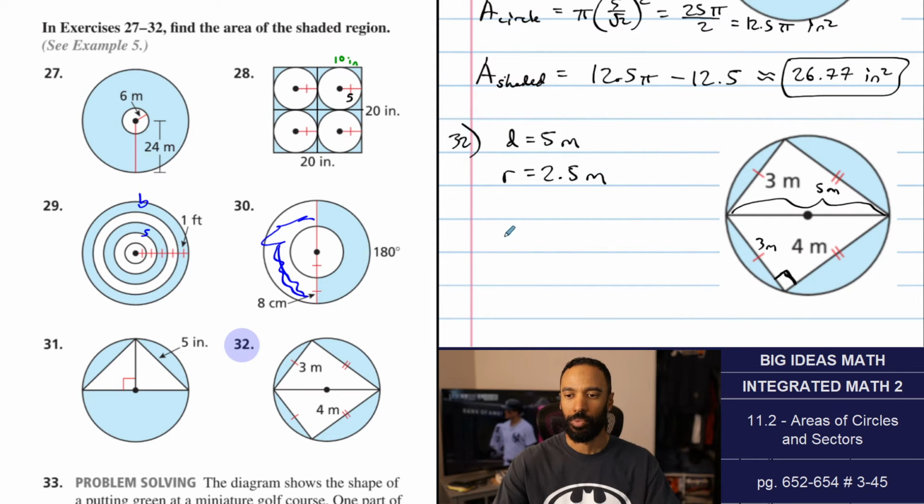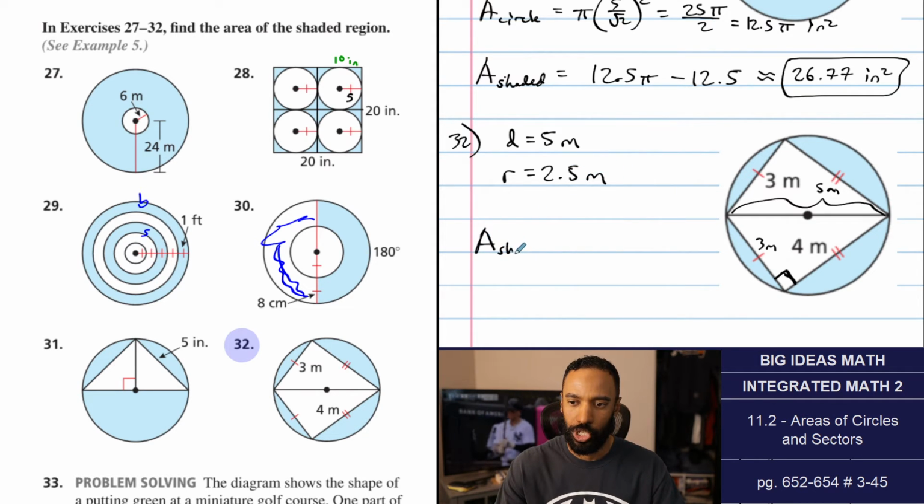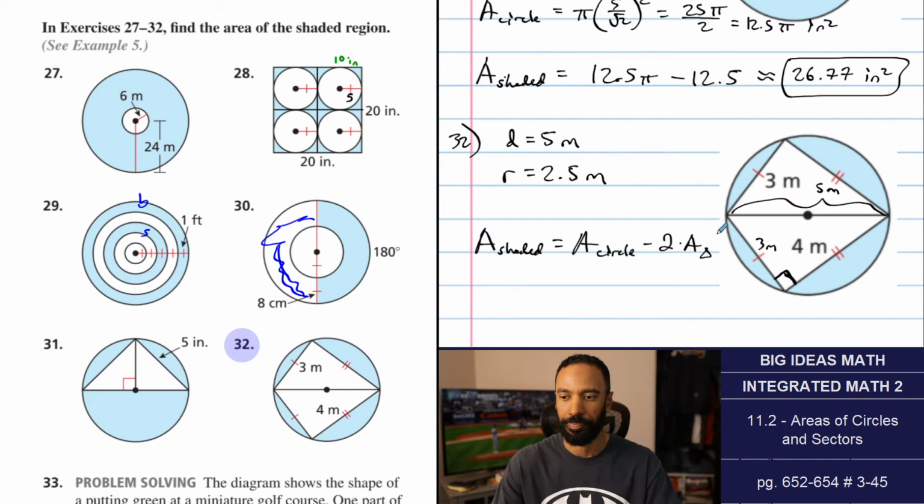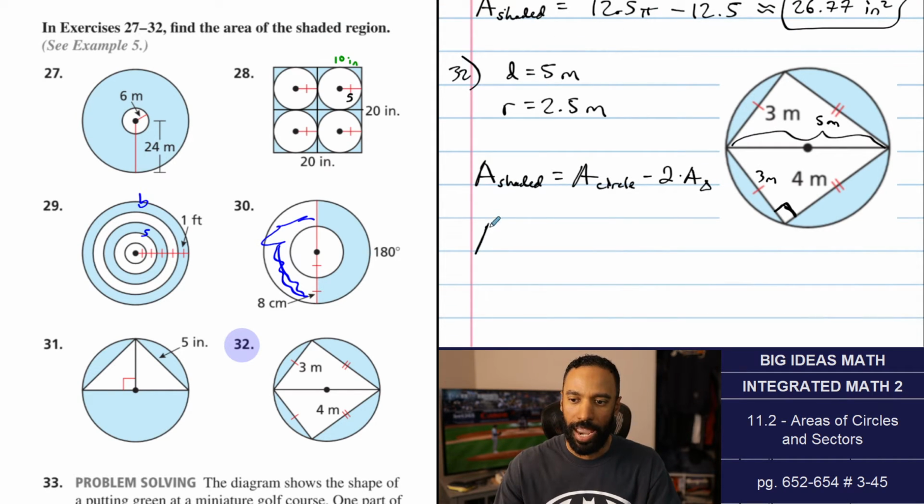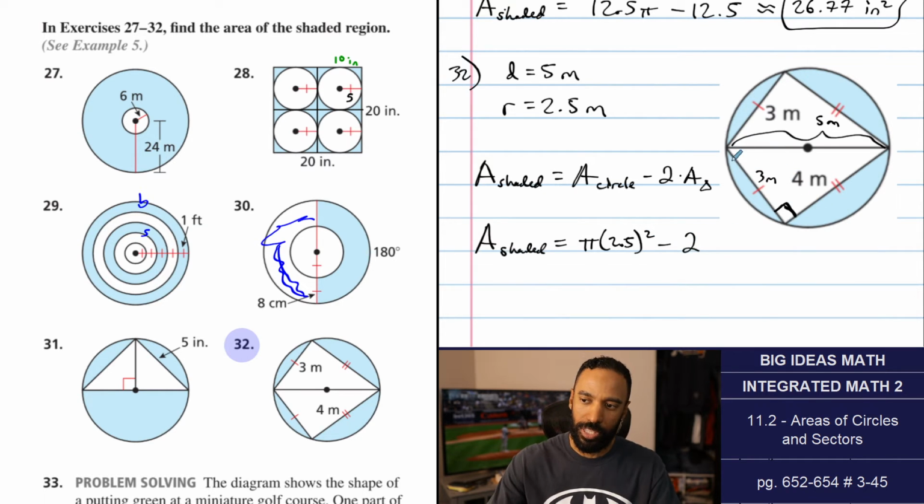So we are going to do the area of the shaded as the area of the circle minus the area of two triangles. The area of the circle is pi times 2.5 squared, pi r squared. Now 2 of the area of the triangles. Here's the area of the triangles. 1/2 base times height.